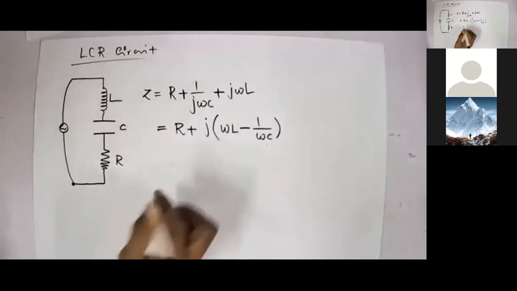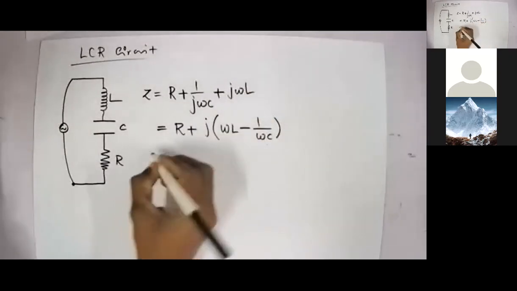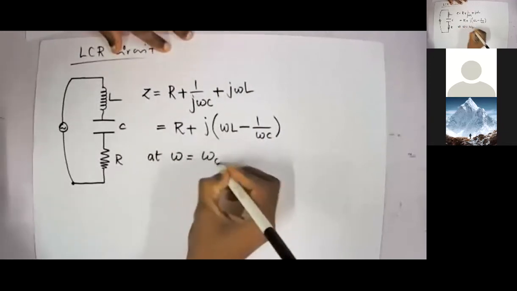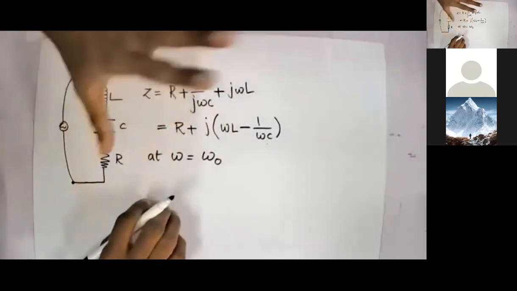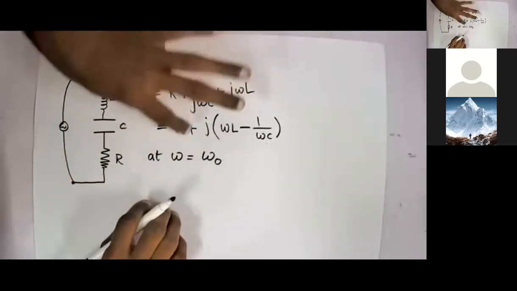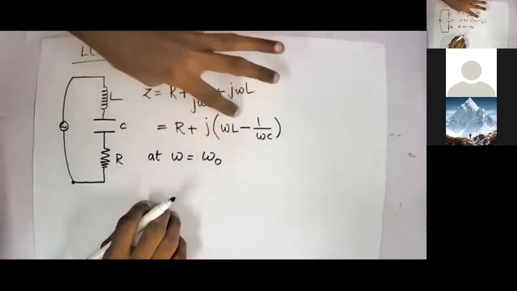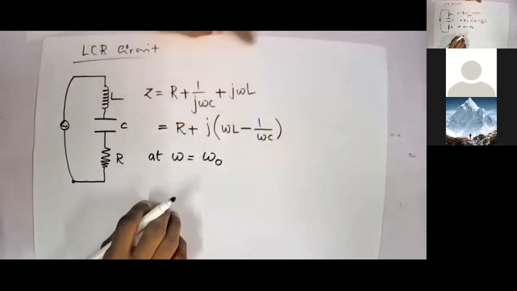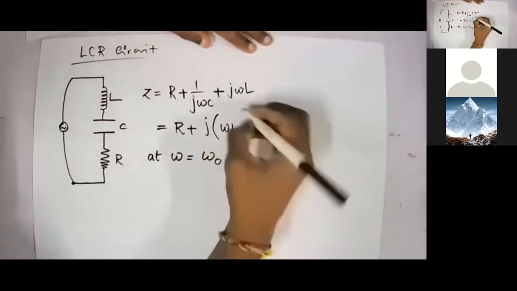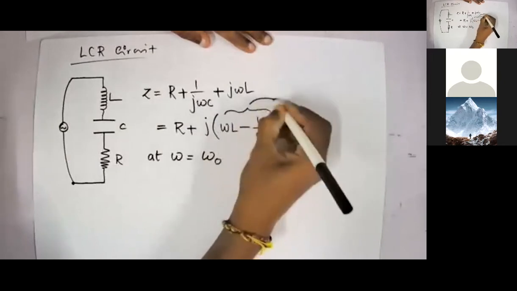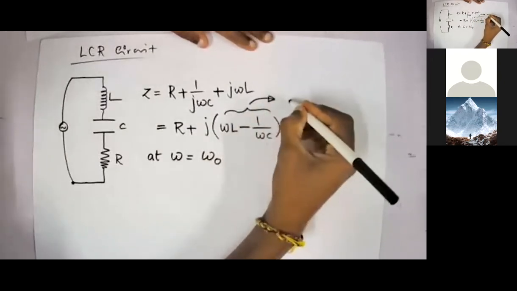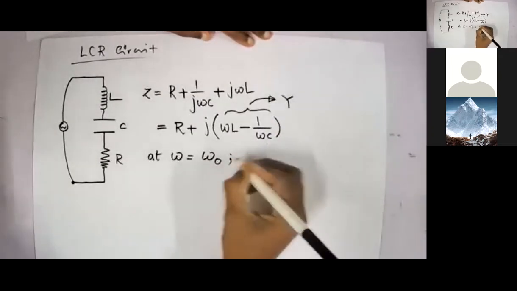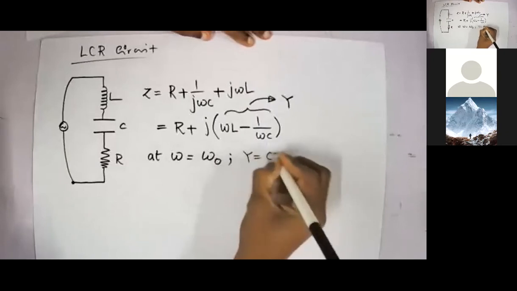For example, this is an equation at omega equals omega naught, at a certain frequency. I don't know what frequency it is. At omega equals omega naught, this whole imaginary part becomes 0. Am I right? I would represent this with capital Y. At omega equals omega naught, Y equals 0.